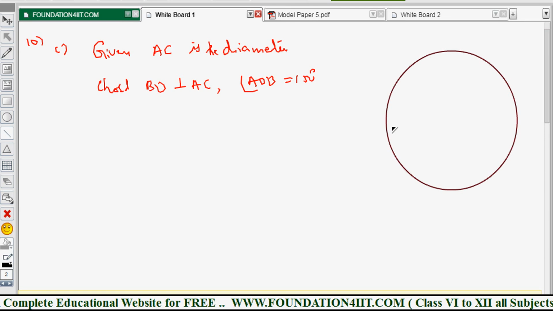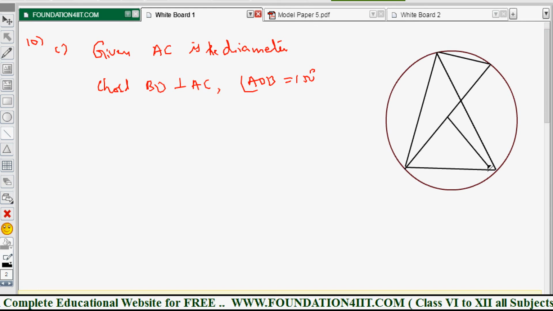and 4 lines. So one is AB, center point, AC is diameter, AB is the chord, and from center also you can take the line.